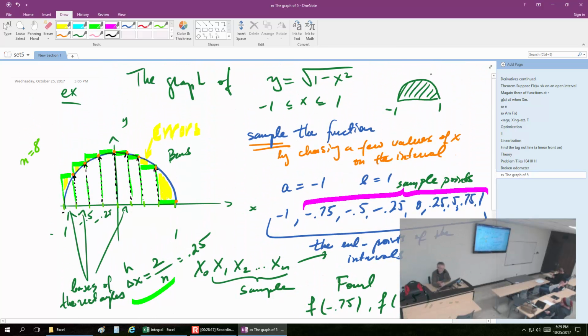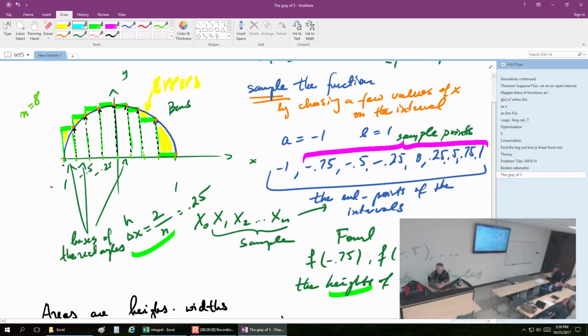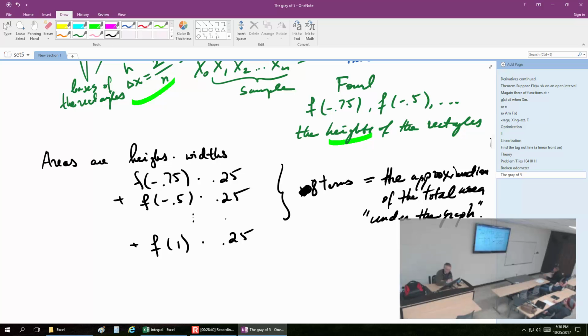If you go to the original picture, this is the graph, right? This is the graph, and this is the area under the graph. So that's roughly how it works out. These are called the Riemann sums.